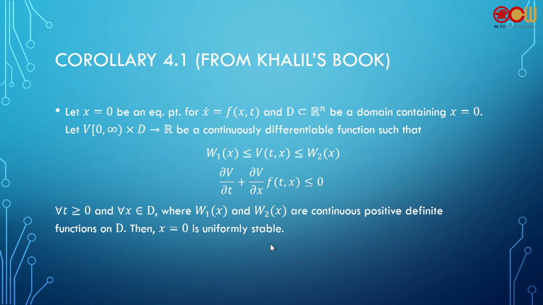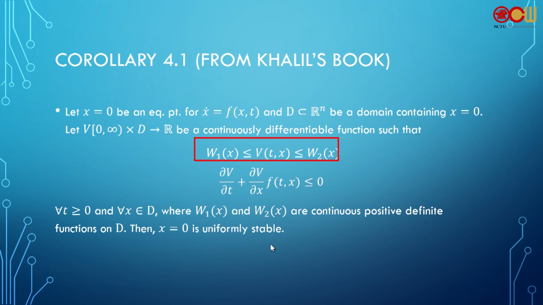For example, here, given some non-autonomous system, x dot equal to f(x,t), it is non-autonomous because the dynamics depend on t, okay, containing the origin x equal to 0, and V is a continuously differentiable function, and it's lower and upper bounded by W1, W2, okay, same as this. W1, W2 don't explicitly depend on time, okay.